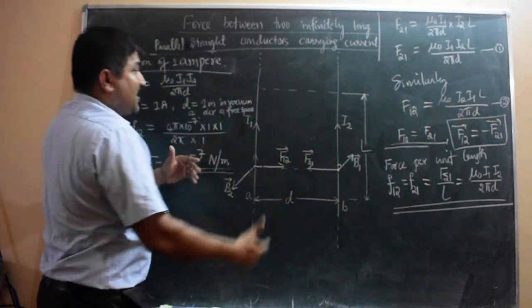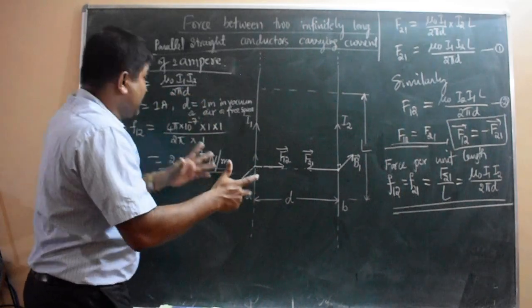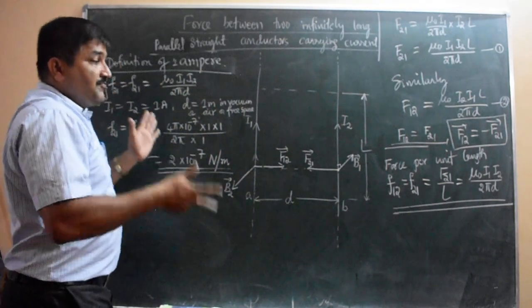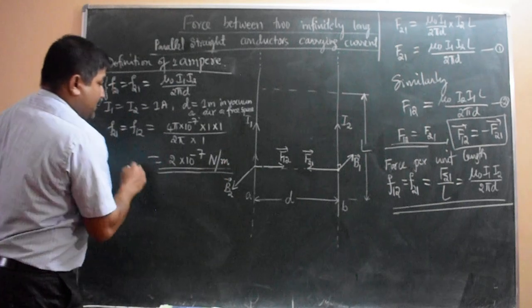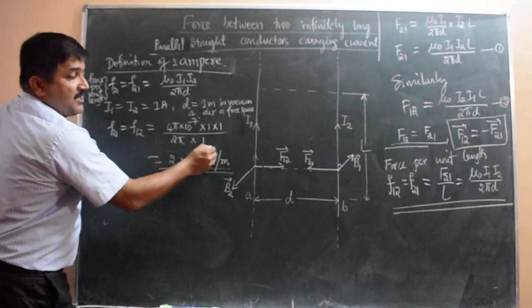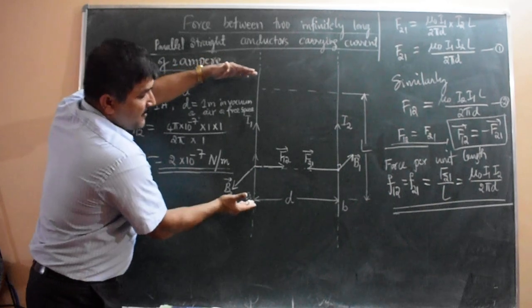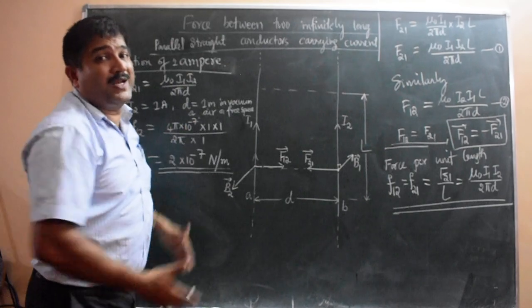Separation is 1 meter. They must be placed in vacuum, free space or air. The current maintained in each of them is 1 ampere. Then they would experience a force of 2 into 10 power minus 7 Newton per meter. This is a very small amount of force between the two conductors of 1 meter length.